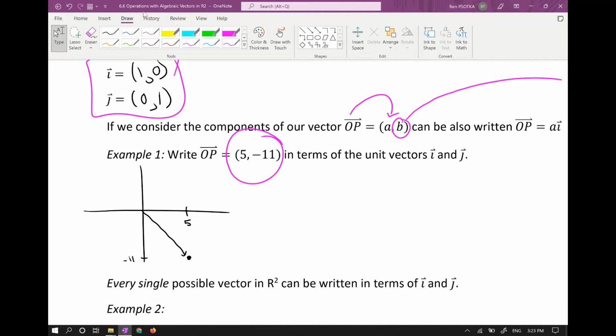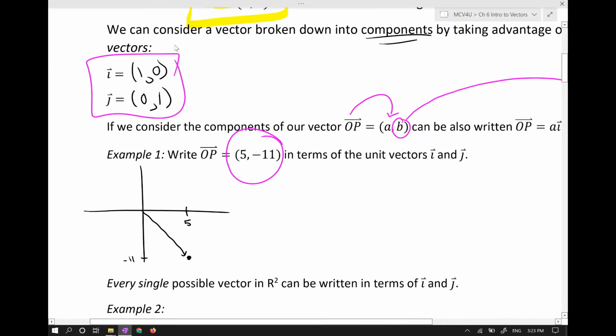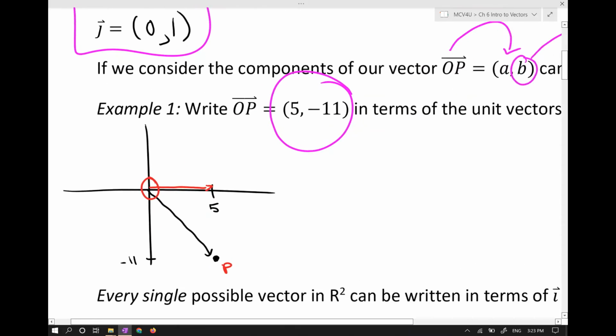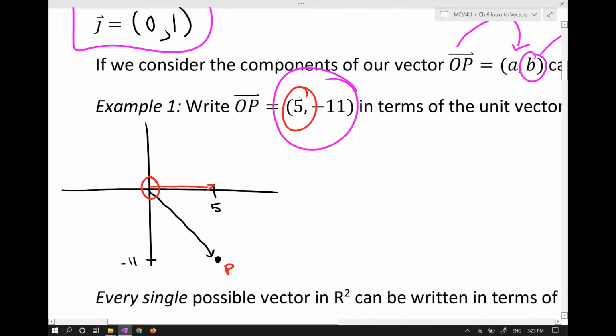Now, if we're going to write this in terms of its unit vectors, then we need to determine, okay, how many unit vectors are going to come across our x-axis from the origin to the same x-coordinate as our point P. There's point P down there. And we can see, okay, since my x-coordinate here is 5, then I'm going to need to use 5 unit vectors right here, something like this, 2, 3, 4, 5 unit vectors to get to that point.